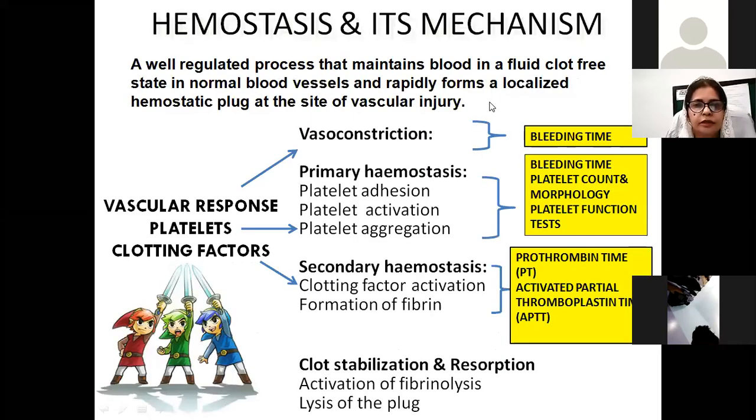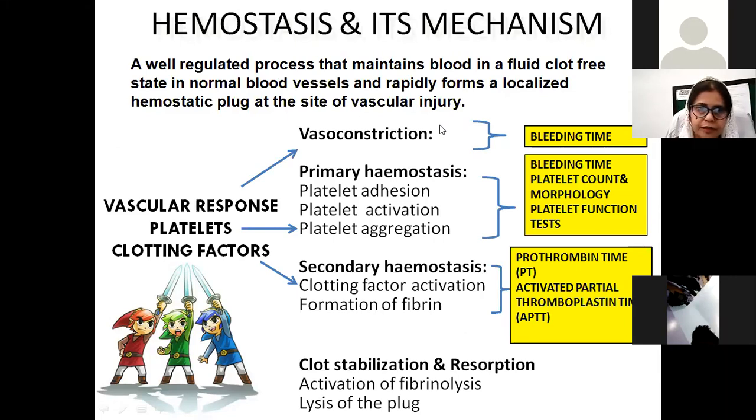Okay, so this is just a revision of what you have learned in your foundation year. We know that hemostasis basically is a mechanism through which the body tends to keep blood in a fluid state within an intact blood vessel, and whenever there is an injury to the blood vessel, it is prevented from excessive loss due to activation of different partners of hemostasis.